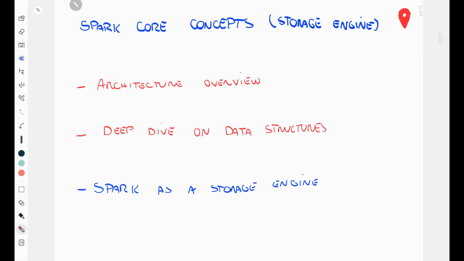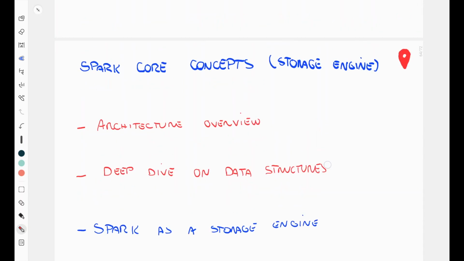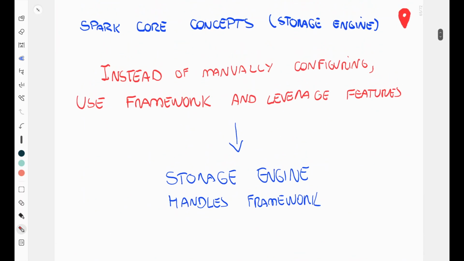Okay, last concept on Spark core concepts, the one we wanted to arrive at when thinking of table formats and lakehouses. So how does all of this relate to storage engines and lakehouses? Instead of manually configuring, use a framework and leverage its features.